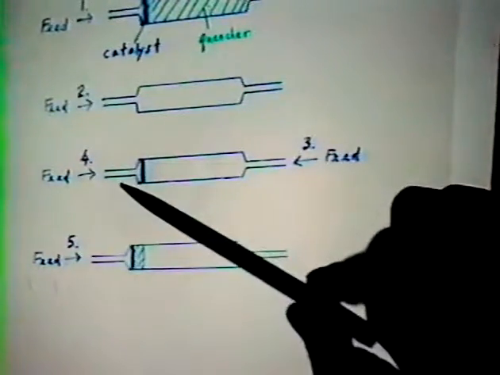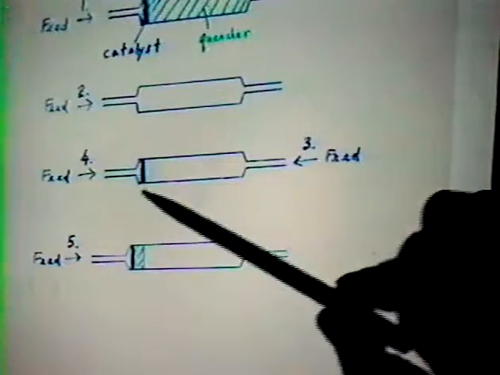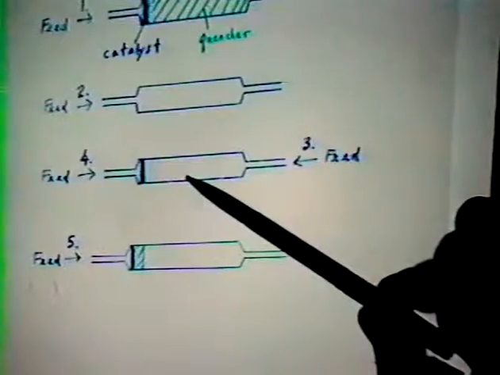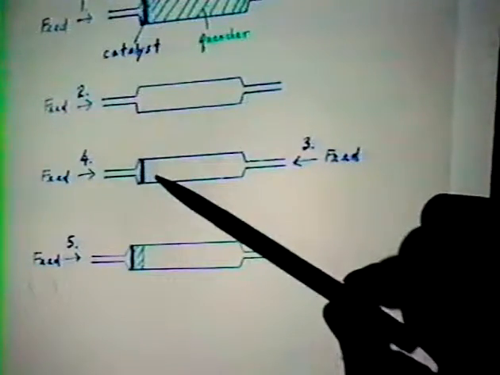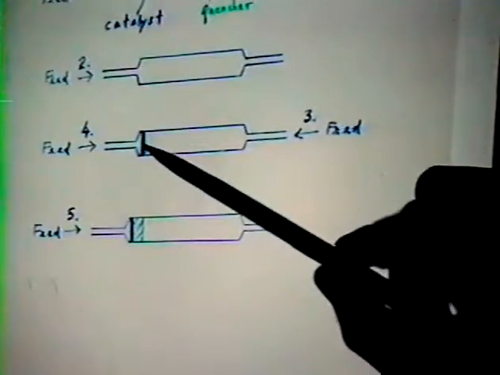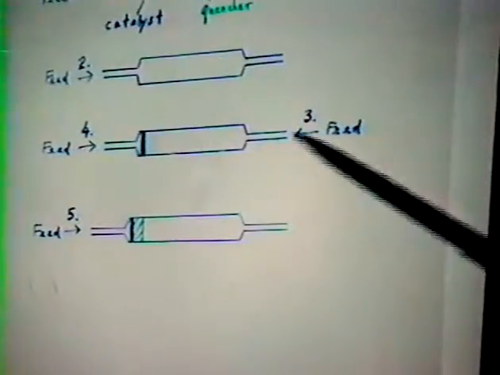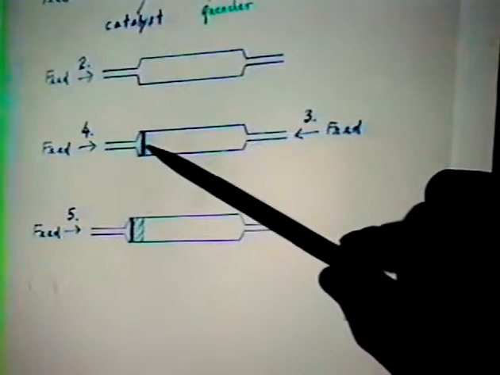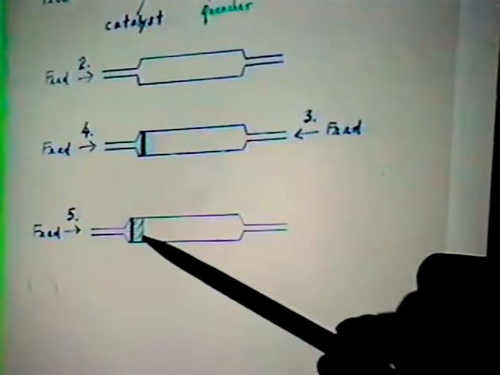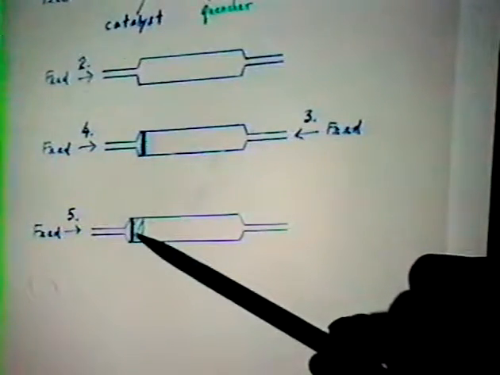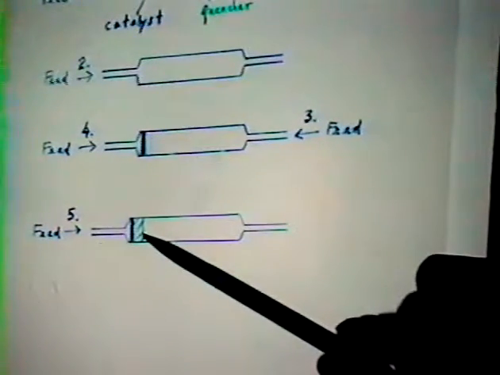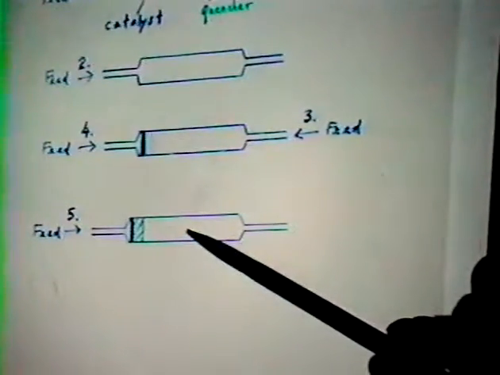Then we put the feed from the catalyst side. This then will give us the reaction due to the catalyst, due to the volume itself, and due to whatever enhancement by the desorption of gas phase product. And finally, to be sure that any changes between number 3 and number 4 is due to desorption of reactive intermediates from the surface, we put a quencher right here, so that any free radicals perhaps that desorbed will be quenched and will not cause any further enhancement of the reaction in the gas phase.